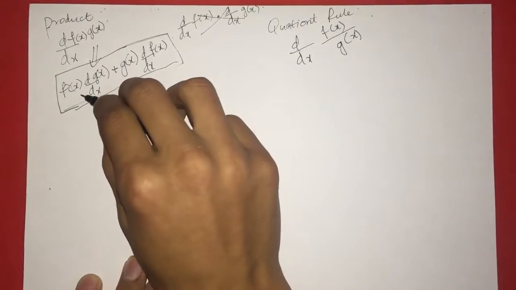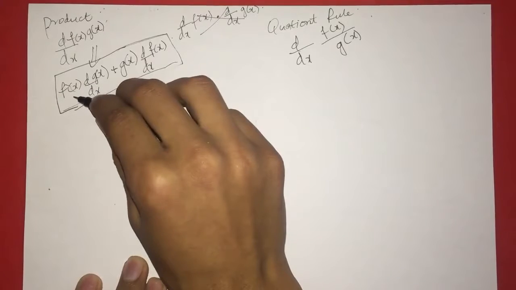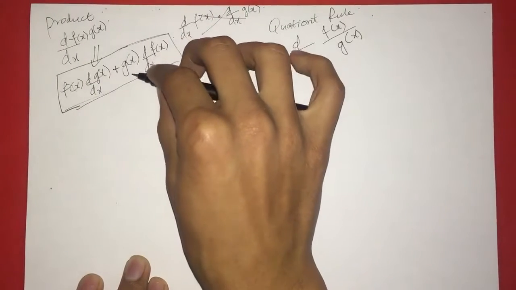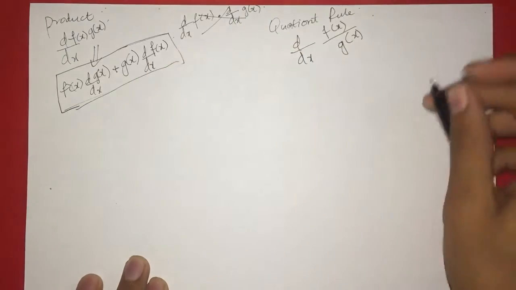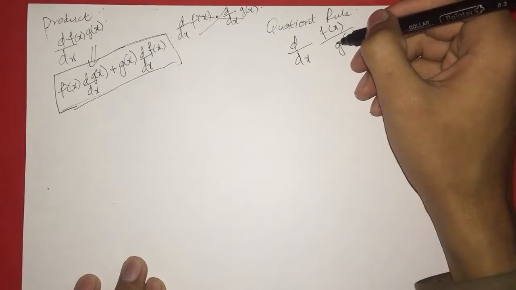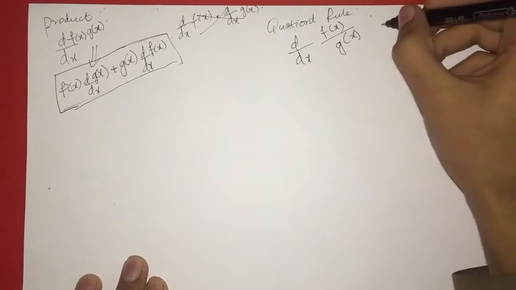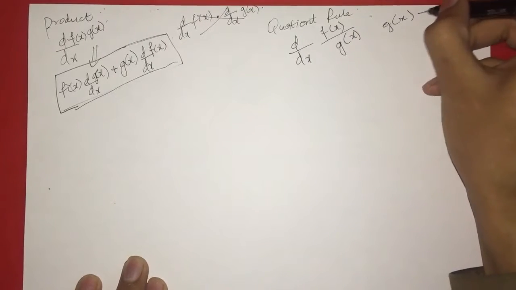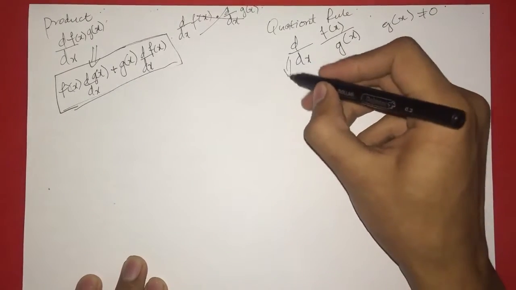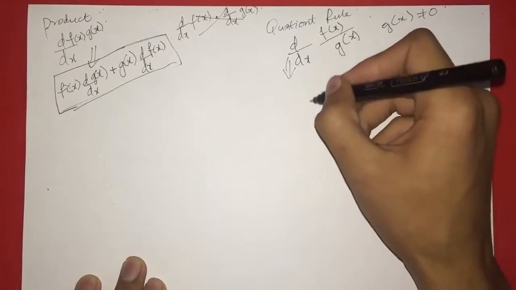When the first term is left alone, it is first, and when the second term is left alone, it is in the second place. We are taking the derivative of the quotient where g of x is not equal to 0.